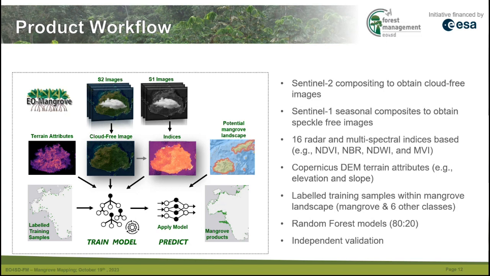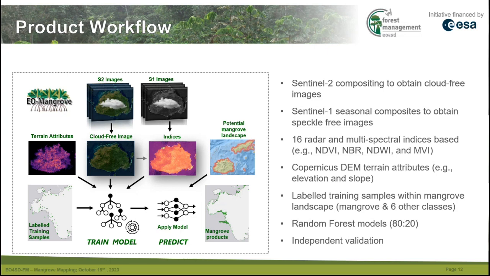From both the radar and the optical data, we calculate a range of indices as inputs to a model. So vegetation indices like NDVI and NBR, and some radar indices such as cross-polarization ratios.